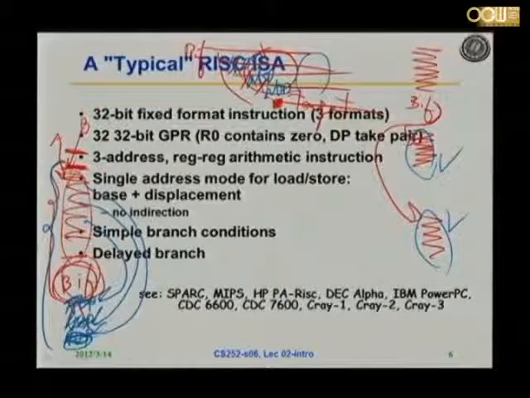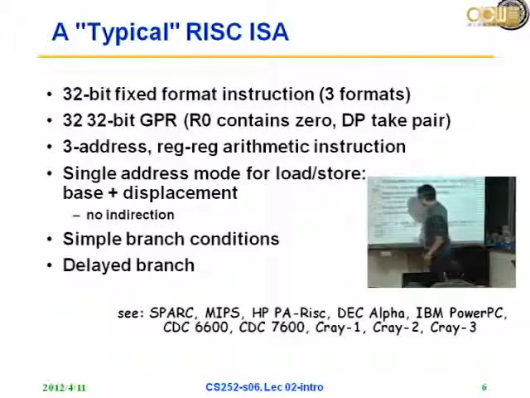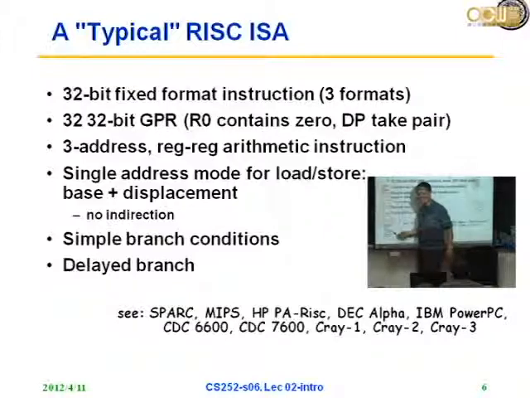But I need to carefully pick instructions which will not cause any effect. Let it go, let it proceed. Maybe when I say no-op, when I say useless instruction, maybe I should say harmless instruction. Does that make you more comfortable?